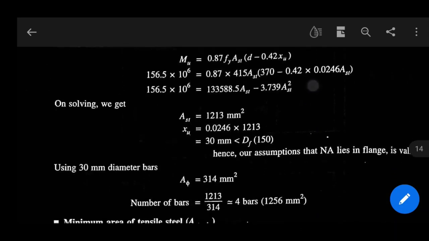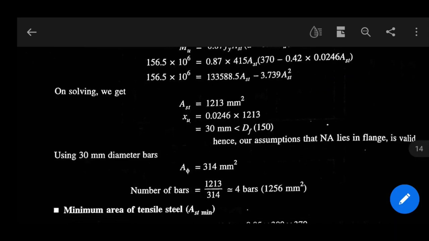Now using 20 mm diameter bars, cross sectional area of one bar Ast is equal to 314 mm square. So number of bars is equal to 1213 by 314, which is almost equal to 4 bars. So AST will be 1256 mm square.